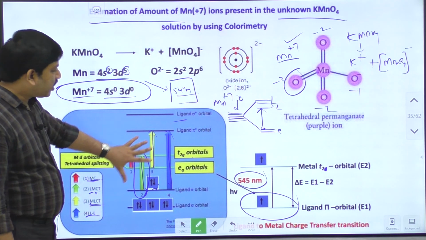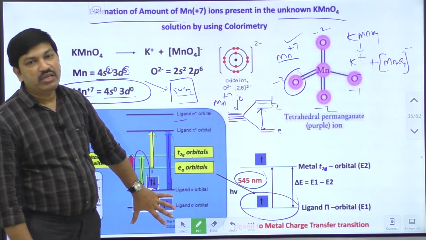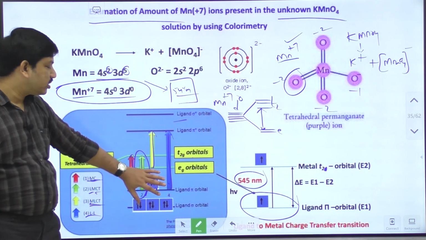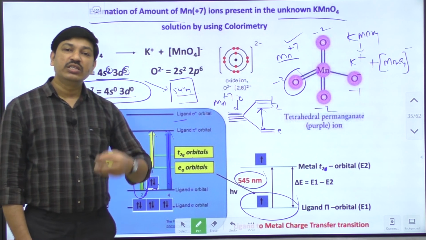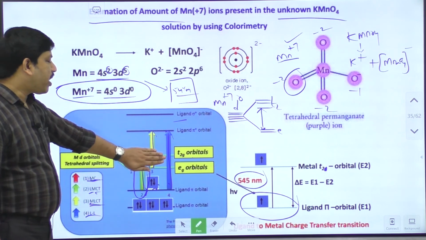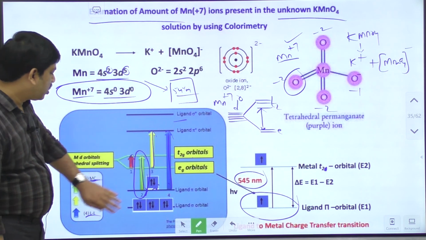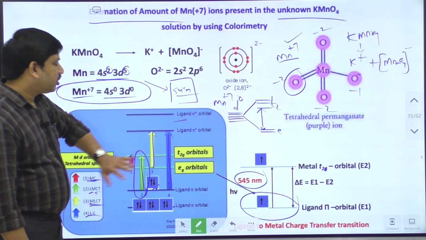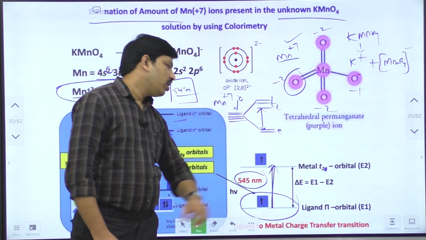But if you see the corresponding MO energy level diagram, the ligands have some amount of sigma bonding orbitals and pi bonding orbitals, and those orbitals are already occupied by some number of electrons. And the metal d orbitals are completely empty because we don't have any metal electrons. So from ligand to these metal d orbitals, there is one kind of transition like this.